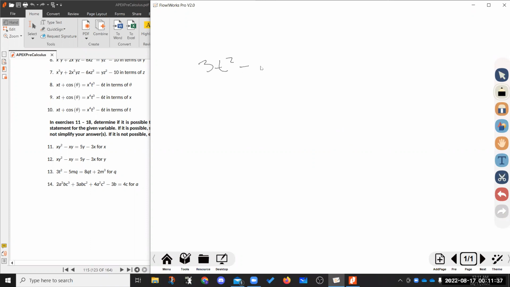3t squared minus 5m cubed is equal to 8qt plus 2m cubed. Solve for the letter q. So we're going to get all the q's on one side by themselves, all the other letters over to the other side.